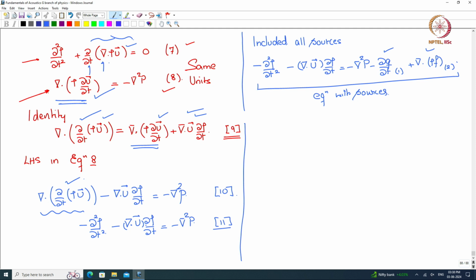Okay, now let's go back to 11. Going back to 11, minus del 2 rho by del t square minus del dot u del rho by del t is equal to minus del square of p, number it as 11.